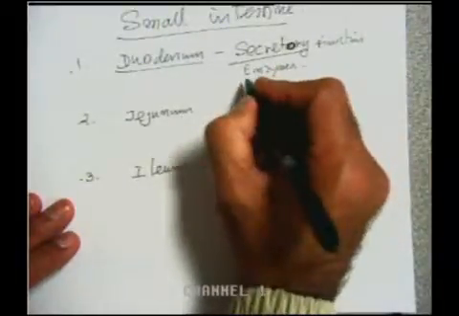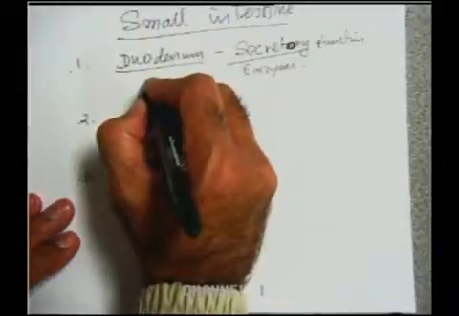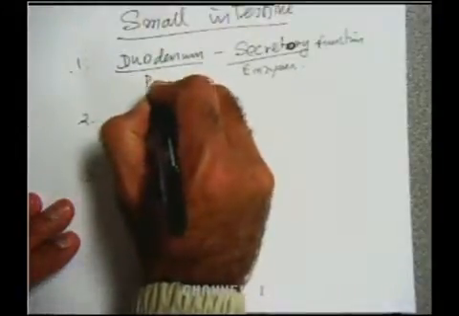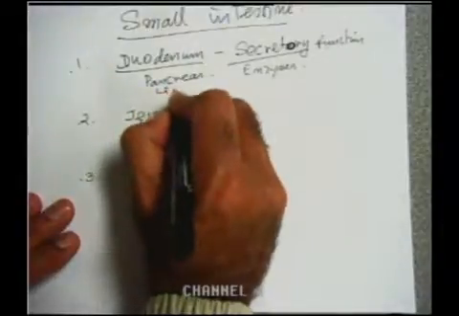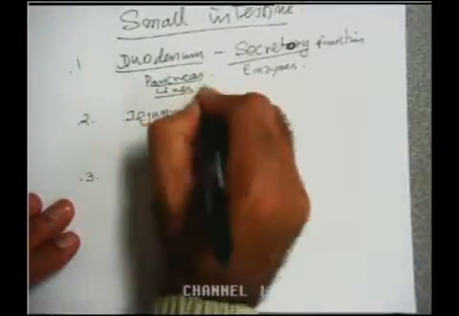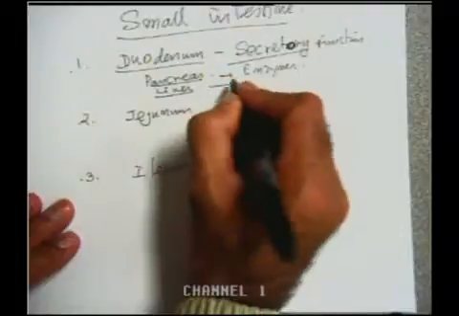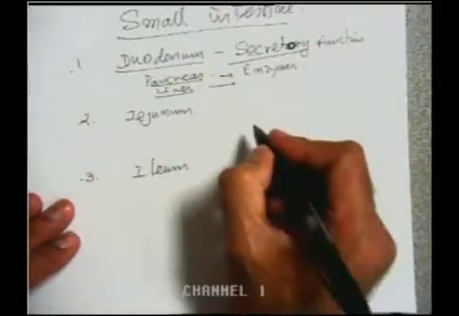Okay, and it also hosts some other things, enzymes from the pancreas and liver. So the pancreas and liver organs also put forth their enzymes to the duodenum as a secretory function.